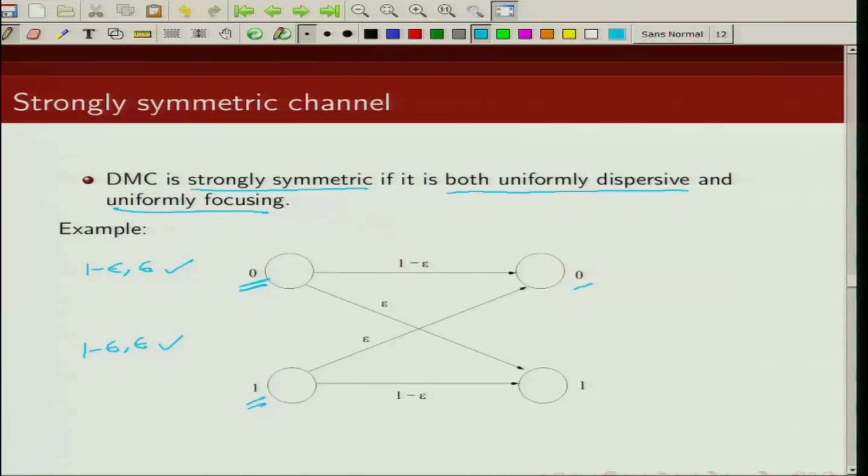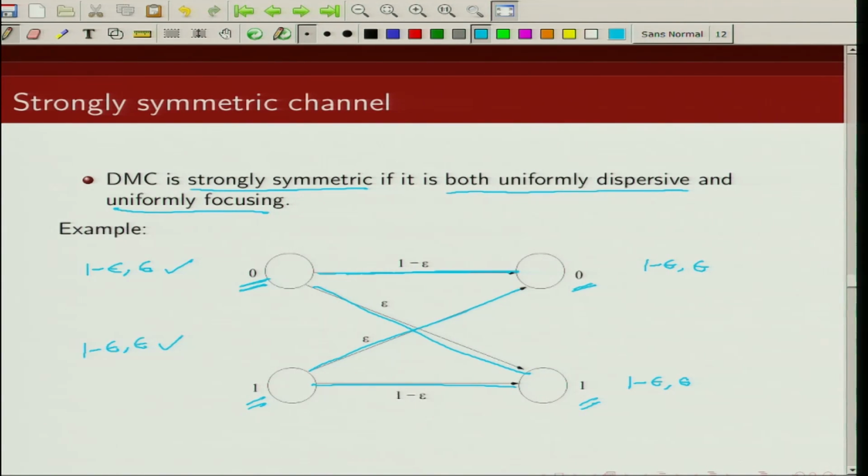Now, let us look at the outputs 0 and 1. What are the transition probabilities of the transitions terminating at the output? This is 1 minus epsilon, this is epsilon. Similarly, here is 1 minus epsilon and epsilon.